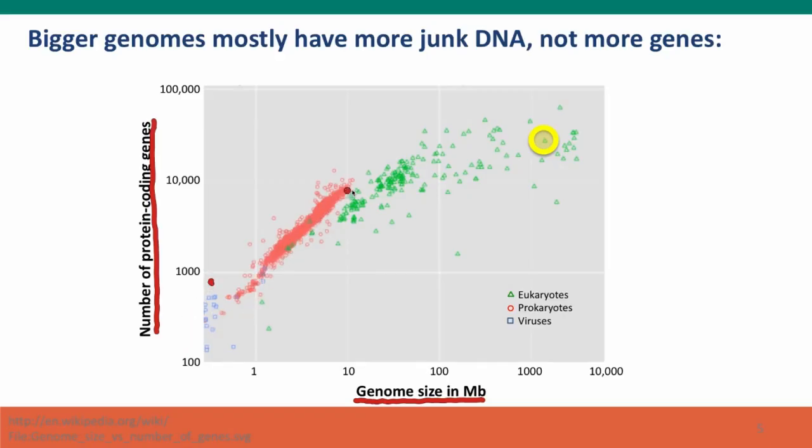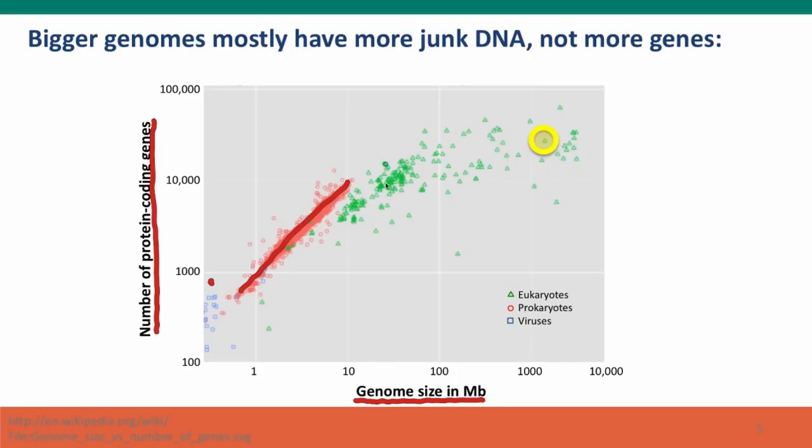Bacteria and archaea have very compact genomes. There's not much junk, not much mobile elements in their genomes. And the number of genes that they contain is quite nicely, linearly a function of how big their genomes are. But the situation's very different for eukaryotes.